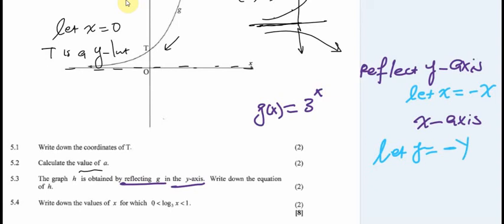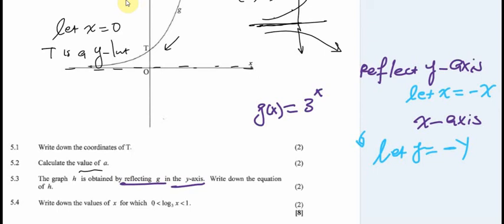It's more like a trick, you don't let y equal negative x when you reflect about the y-axis, but you're going to see why in the long run. So it may be important just to know that if you reflect about the y-axis, you let x equal negative x, and if you reflect about the x-axis, you let y equal negative y.